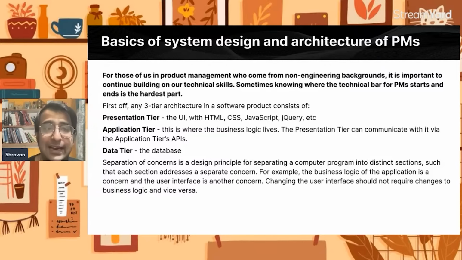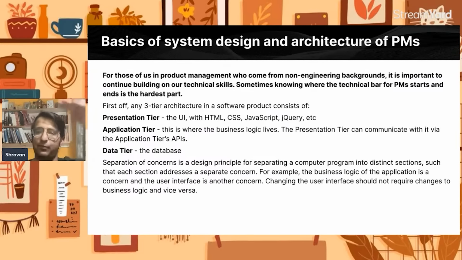Now, for these three layers there is a concept called separation of concerns. It's a design principle for separating a computer program into distinct sections. Like, you do separation of concerns across different sections. For example, let's assume that if the business logic changes tomorrow, it doesn't mean that the presentation layer will also change. If you go to Flipkart as a website, the presentation layer shows the sign up form, right?